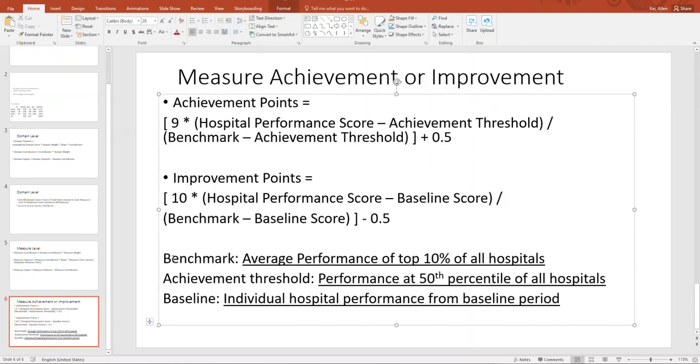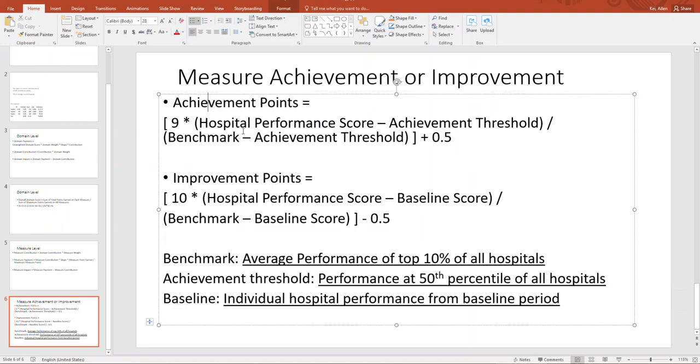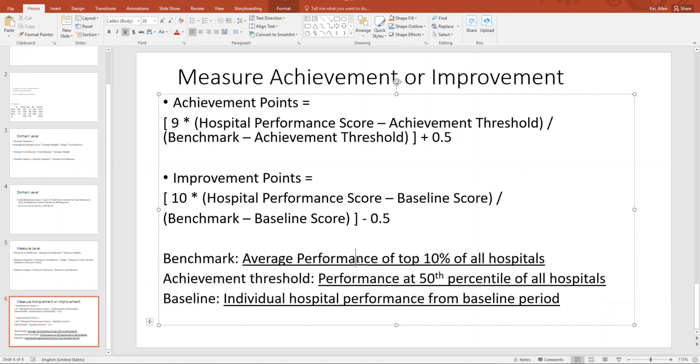For these 2 points, you are also comparing with the achievement threshold, the baseline, and your benchmark. These are all CMS released data. If you look at QualityNet or CMS, you will be able to find all these numbers for different measures. The benchmark is just the top 10%.